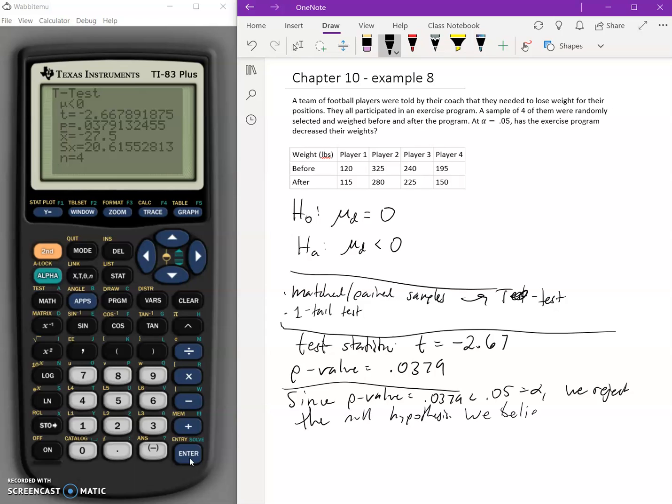We believe the exercise program decreased their weights. So indeed, that is the conclusion that we can make. We have enough evidence to statistically believe that they lost weight because of this exercise program.